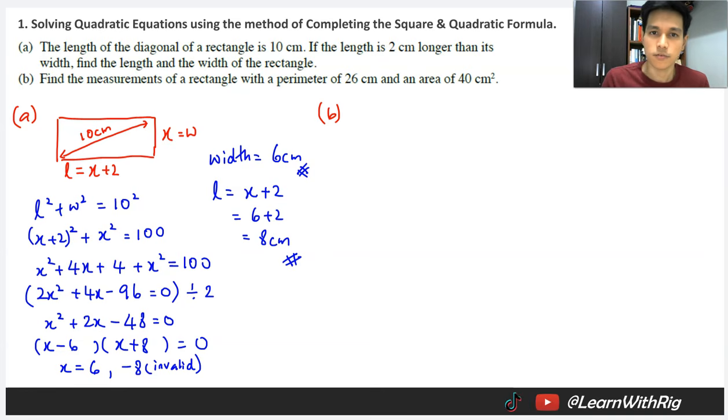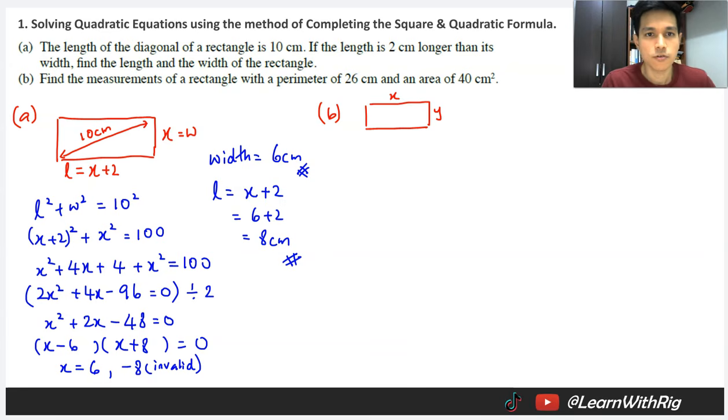Find the measurement of a rectangle with a perimeter 26 cm and an area of 40 cm square. So again, same thing, you got a rectangle. Now let's assume that this is x and this is y.